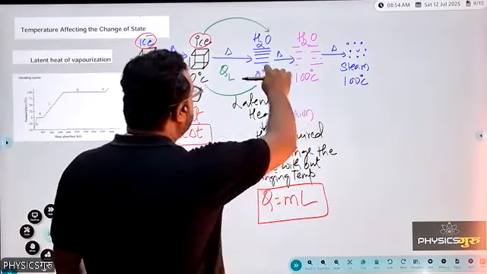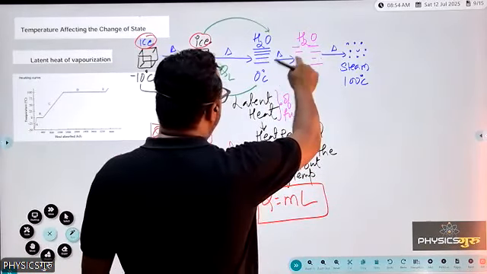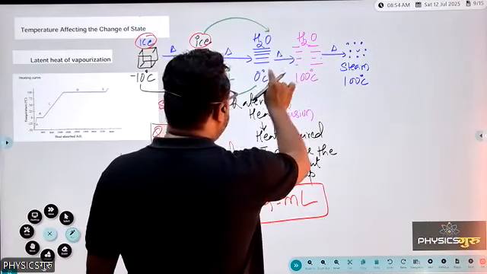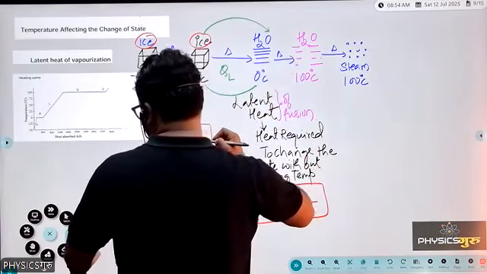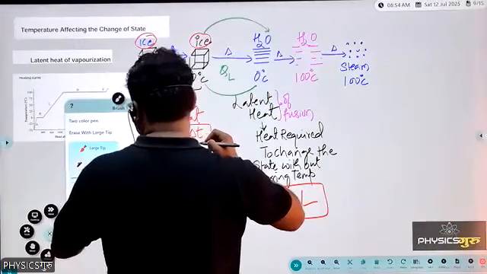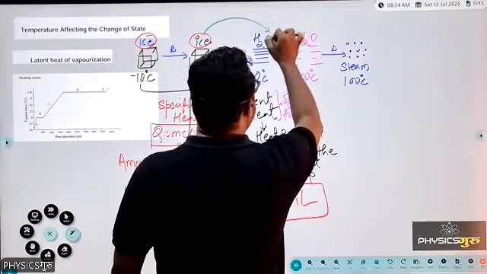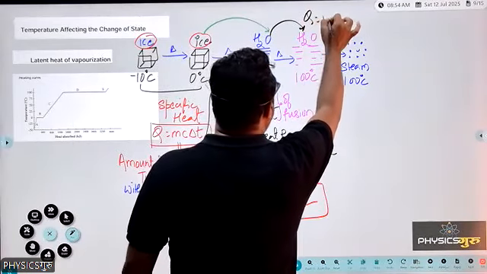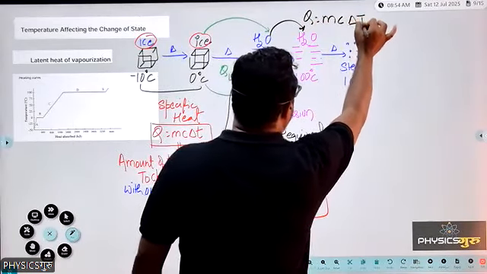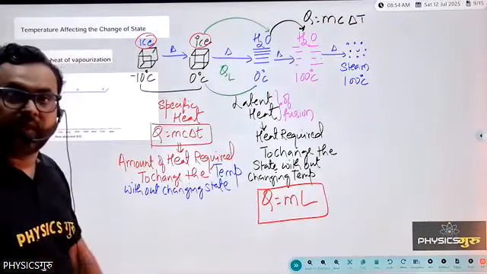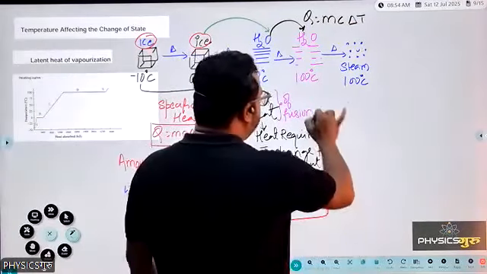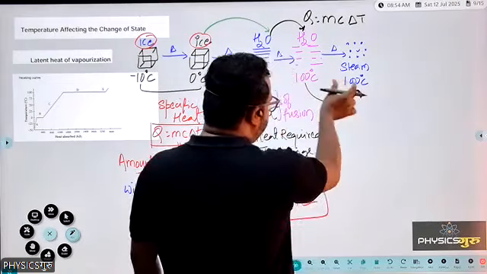Next one, water to water. State is same, only temperature changing. There is a change in temperature, so specific heat, Q is equal to mc delta T. From water to steam, only state is changing, temperature remains constant.